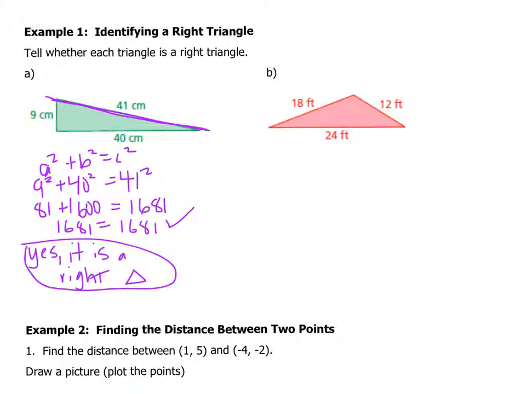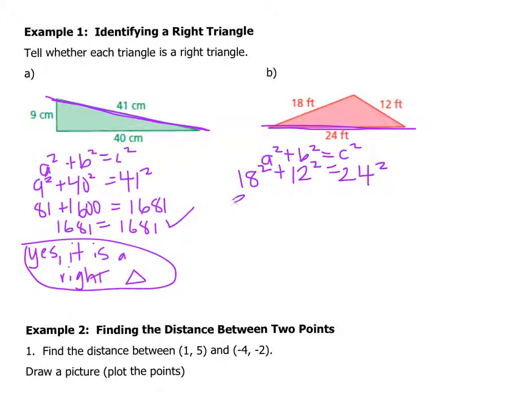So the only thing that we can do is recognize that this is the hypotenuse because it's the longest side and plug it into the Pythagorean theorem. So I've got a squared plus b squared equals c squared. This is 24, and it doesn't matter which piece goes in where, so I'll do 18 squared plus 12 squared.